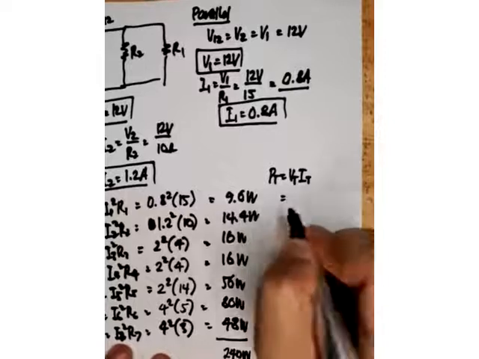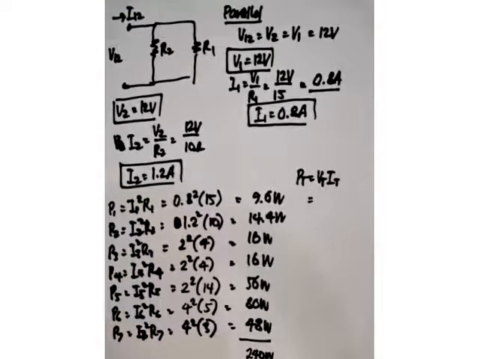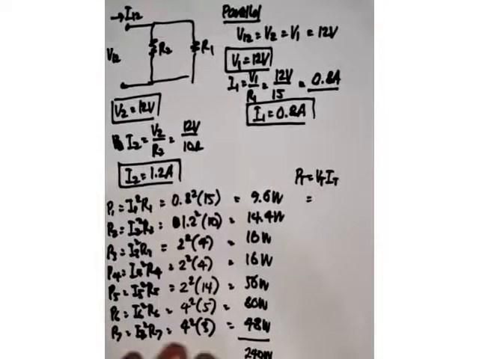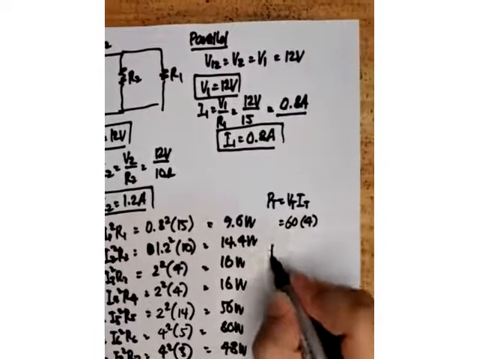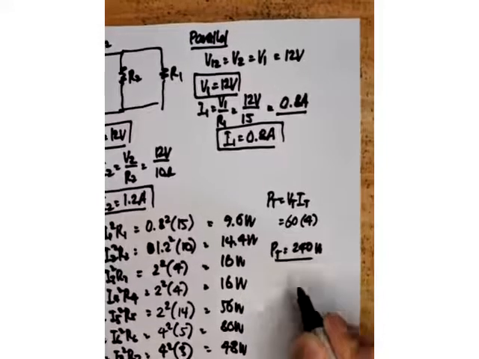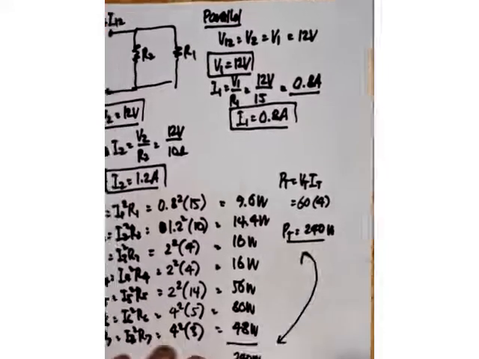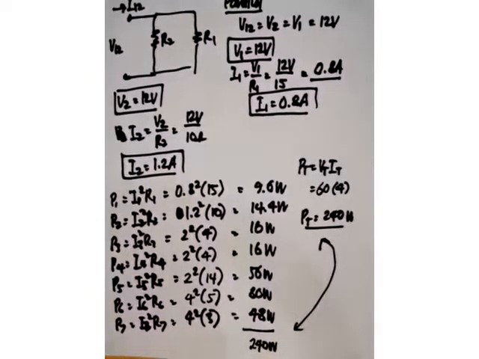The power supplied by the source should be equal to the power absorbed by the resistors. Kaya kunin natin yung power ng source. Yung voltage niya ay 60 at yung current niya ay 4. So power total is 240 watts. And since pareho sila, so we are confident that our answers are correct.